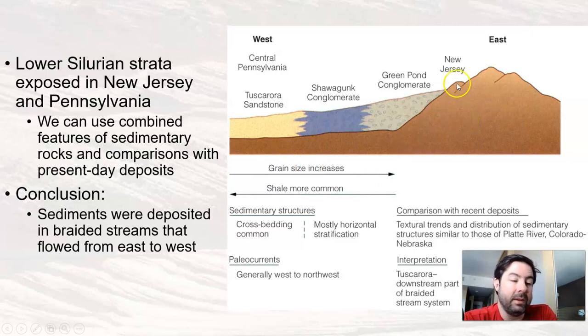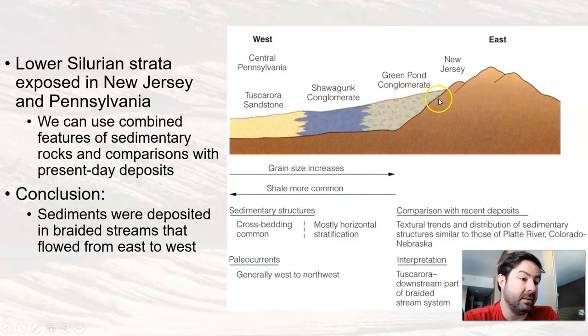So New Jersey had to be higher in elevation than Pennsylvania at some point, because what we see the rocks doing is we have some conglomerates, bigger pieces, getting smaller in size, grading to sandstone. The facies are changing. So what this is indicating is the sediment source, mountains.